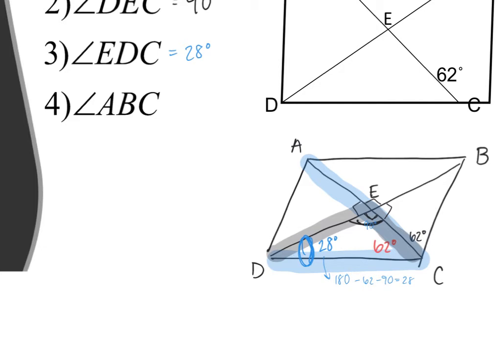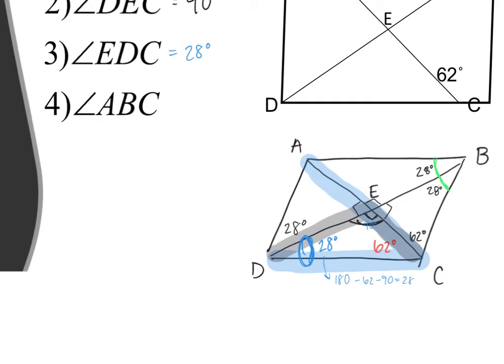Okay, and can anyone tell me what ABC is going to be? That's this large angle over here. Close. I agree that since this is 28, this is 28, and then that makes this 28, and this 28.